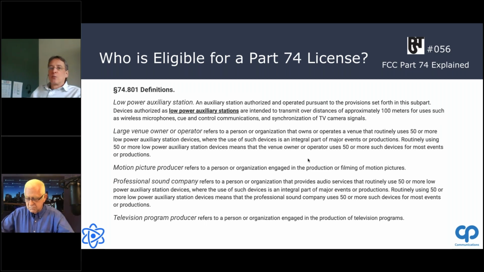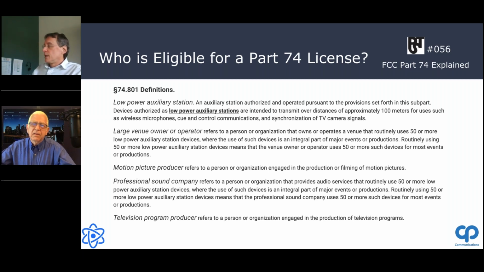So one would have to presume that as long as you use 50 or more for 55, 60% or more of your productions, you arguably meet the threshold for routinely as the FCC would want to see it.